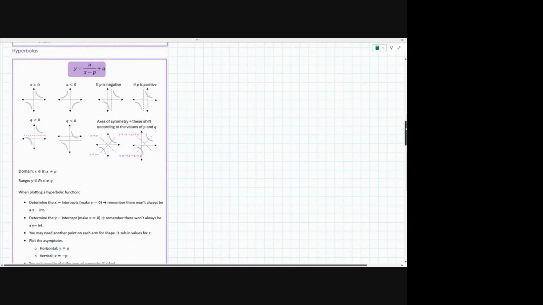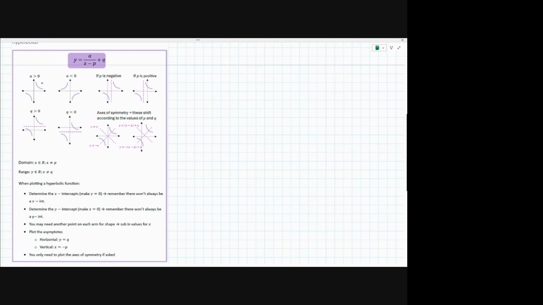Okay, and then we've got our hyperbolas and exponentials. Exponentials will be tested more with the inverse function, so we'll chat about those a little bit more on Wednesday, but your hyperbolas are the ones with two arms in different quadrants. The a value, whether it's positive or negative, determines which quadrants your graph will sit in.